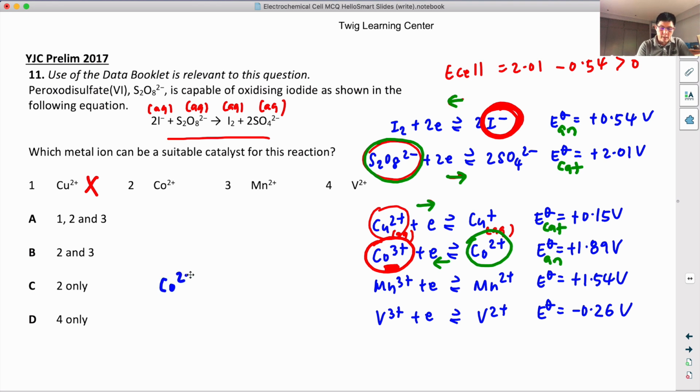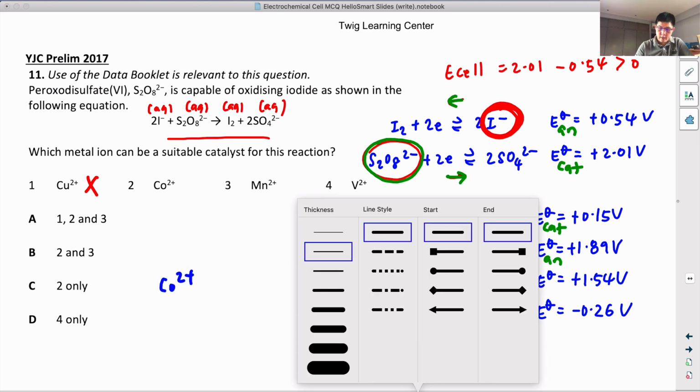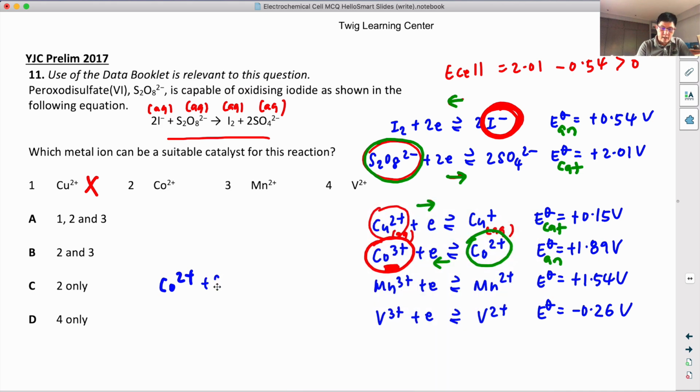So what is really happening is something like this. Cobalt 2 plus is reacting with S2O8. Okay, I'm not going to balance it, but I'll just give you the idea. It will react to give you cobalt 3 plus and SO4 minus, can? All right. So after that, the cobalt 3 plus will then react with the I minus, and the I minus will become I2.